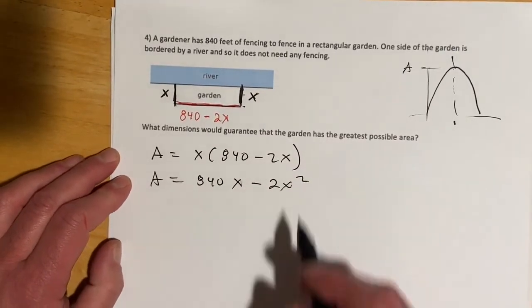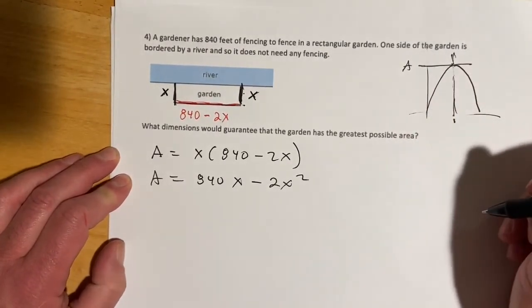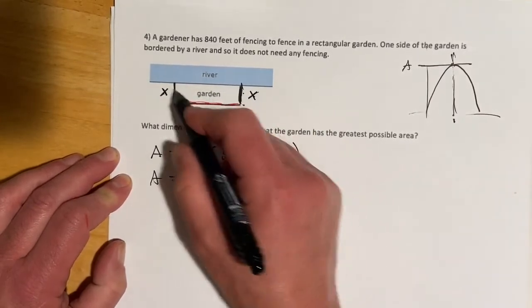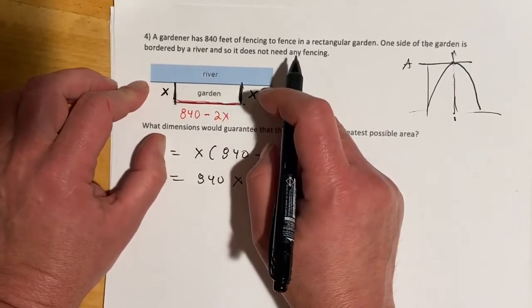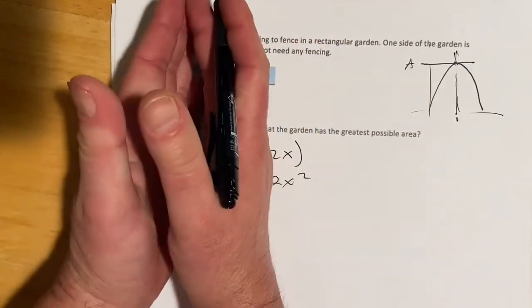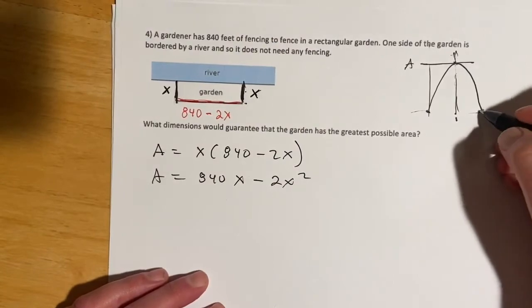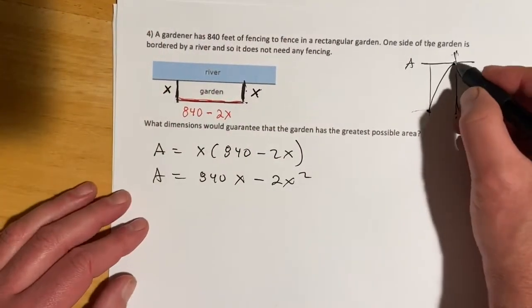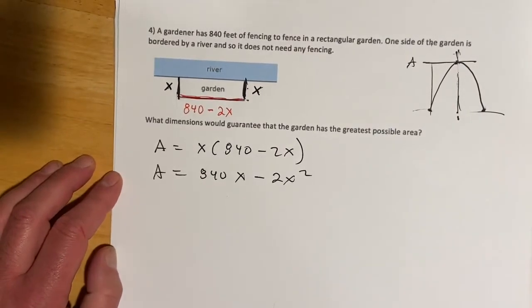And then the area is going to be at a maximum, like I said, when we're at the vertex. So if this was all width, say, and no length, the area would be 0, and if it's all length and no width, the area would be 0. That's these 2 places, and in between there, you can kind of guess it's going to be square. That's the spot where we're going to maximize area.